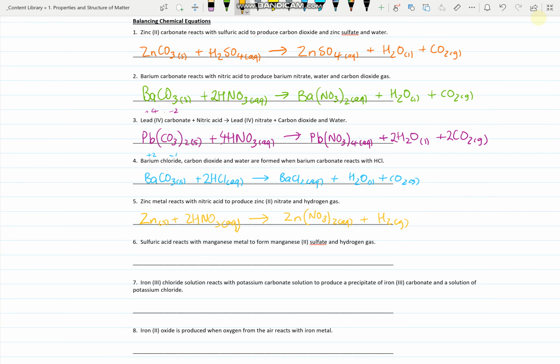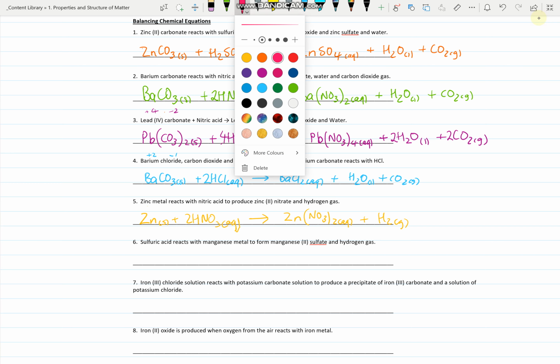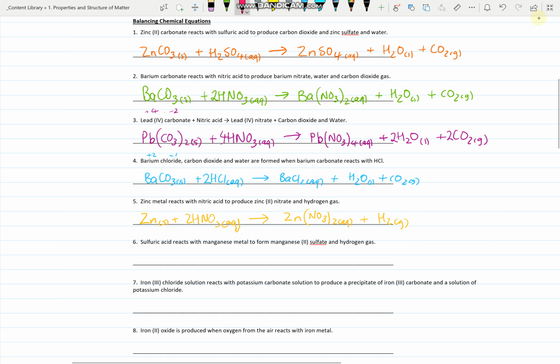I'm going to go some pink. All right, sulfuric acid reacts with manganese metal to form a salt plus hydrogen gas. We'll go the metal first. So manganese, not a common metal. That's Mn. I imagine a lot of people would be writing Mg, thinking it's magnesium. Got sulfuric acid, H2SO4, aqueous.